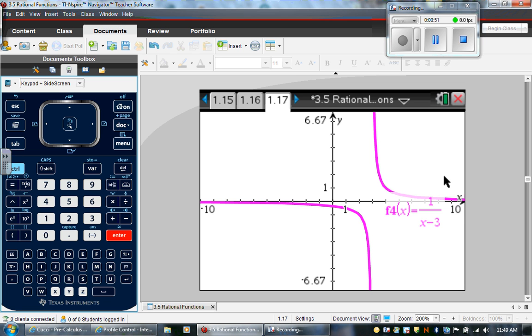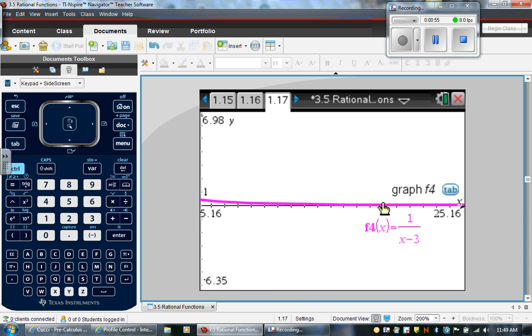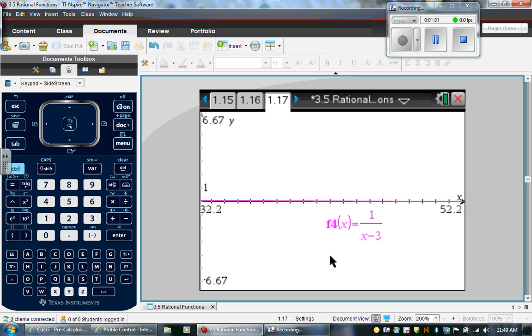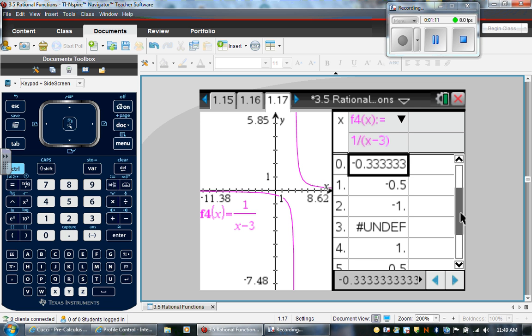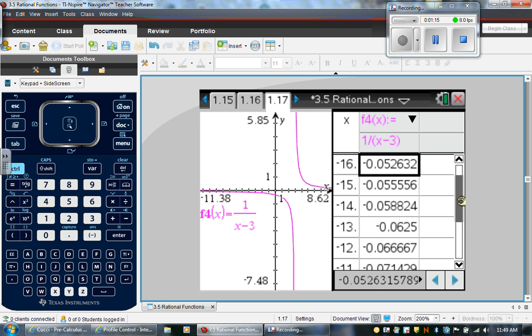And what we wind up doing is we wind up just taking a peek at this graph and seeing that as we extend out, this graph seems to be getting closer and closer and closer to equaling 0, y equaling 0, but it doesn't actually seem to ever get there. Okay, and another way for us to look at that would be to take a peek at that table and see that the y value, although getting very, very close, never actually reaches 0.